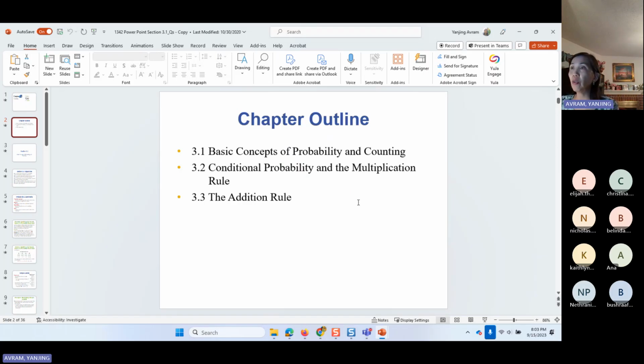So the weather forecaster is always talking about probability, basically. The chance of rain, the chance of snow, or the chance of going about 100 degrees, the chance of freezing. Those are all probability, right? After this chapter, we're gonna have a little bit more in-depth knowledge about probability.